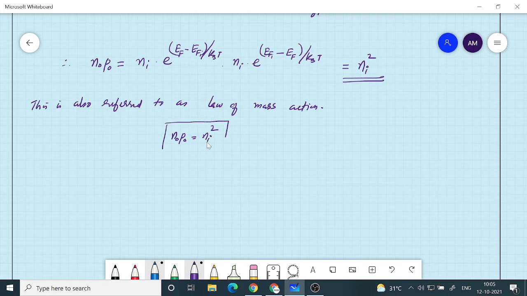And this equation is going to be very important, especially we use this to evaluate the concentration of minority carriers. So in N-type the minority carrier is holes, so the concentration of holes is evaluated using this expression.